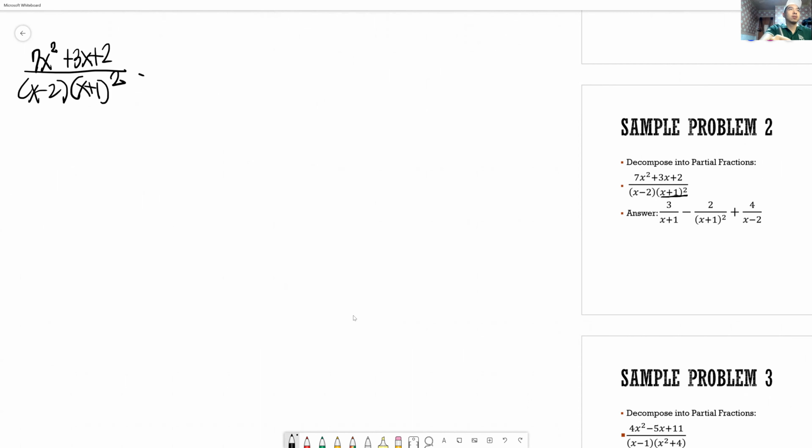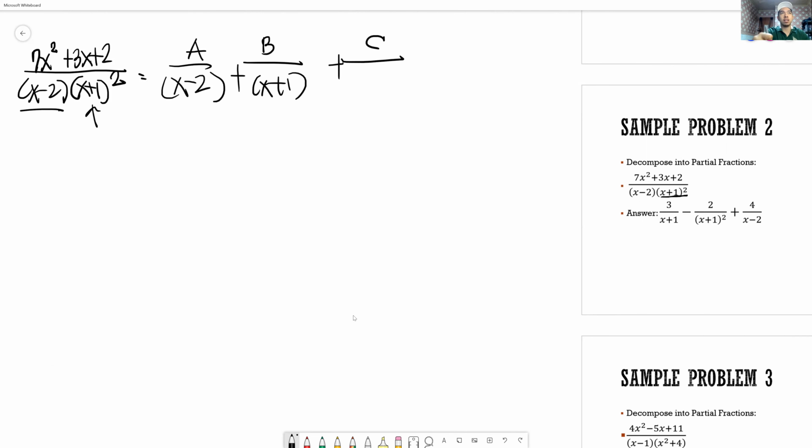Okay. So how do we first form the decomposition equation? So take this first, a over x minus 2, plus you take the first repetition, b over x plus 1. And since that is repeated for the second time, we have another arbitrary constant, c over x plus 1 raised to squared.